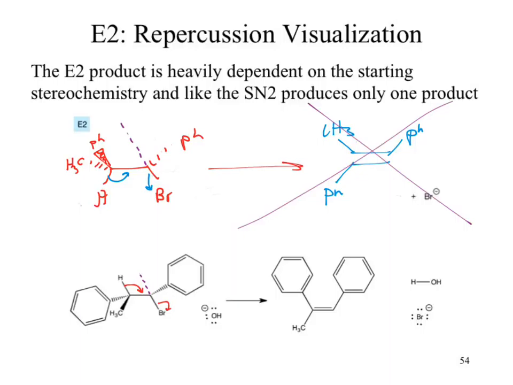The next big issue is that when we do the E2 elimination, you will almost always see a negatively charged species floating around there. What can a negatively charged species do? It could act as a nucleophile or a base. In this case, because we are told we're doing an elimination, it is acting as a base.